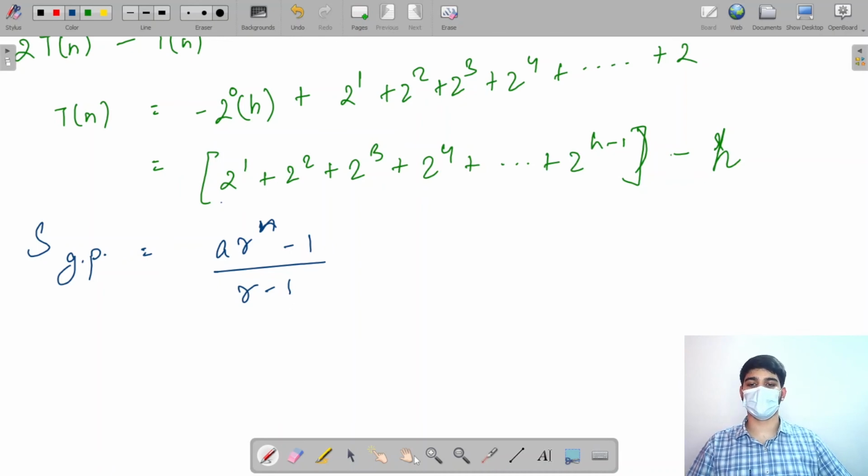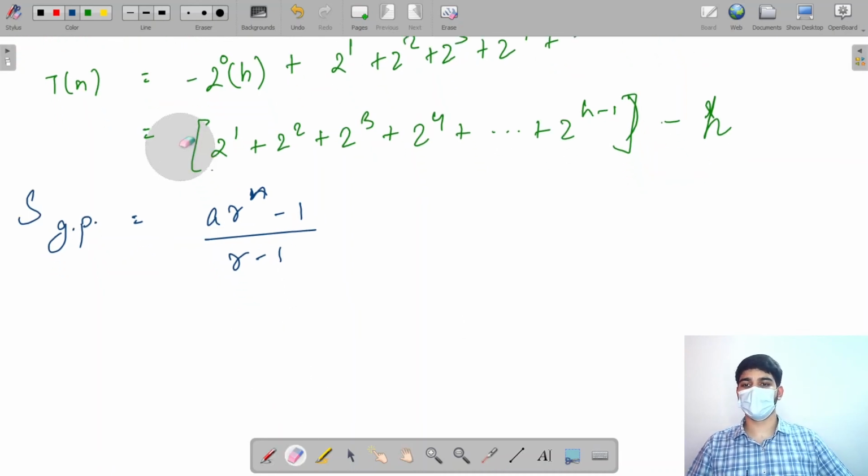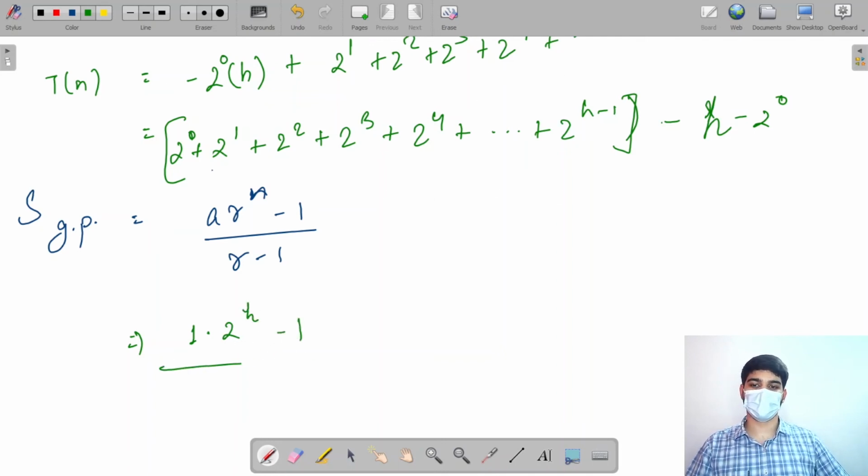So if we think about it, over here we can introduce 2 raised to the power 0, right? And over here we can subtract 2 raised to the power 0, right? Won't do any harm. And using this, my starting element is now 1, right? My ratio is 2. The number of elements are now h, right? And I subtract 1 from it, right?